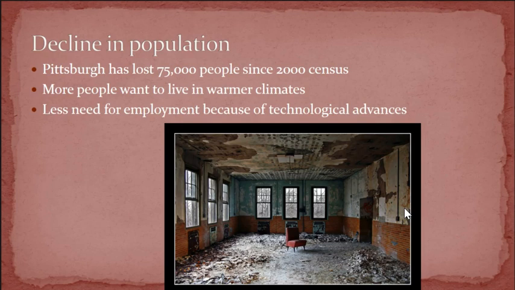Okay, Pittsburgh, for instance, has lost 75,000 people, actually more than 75,000 people since the 2000 census. And part of that is because sometimes people just want to live where it's warmer. Interestingly enough, that goes to a geographical reason. And also, some people have just lost their jobs because of technological advances. In some cases, robots have taken over people's jobs.